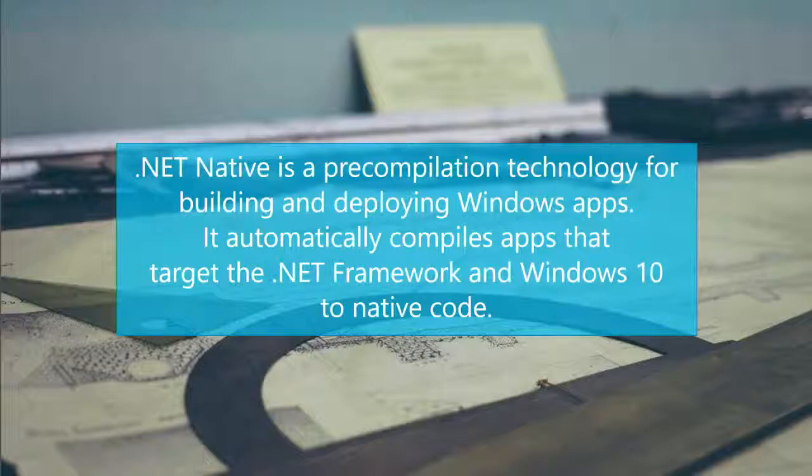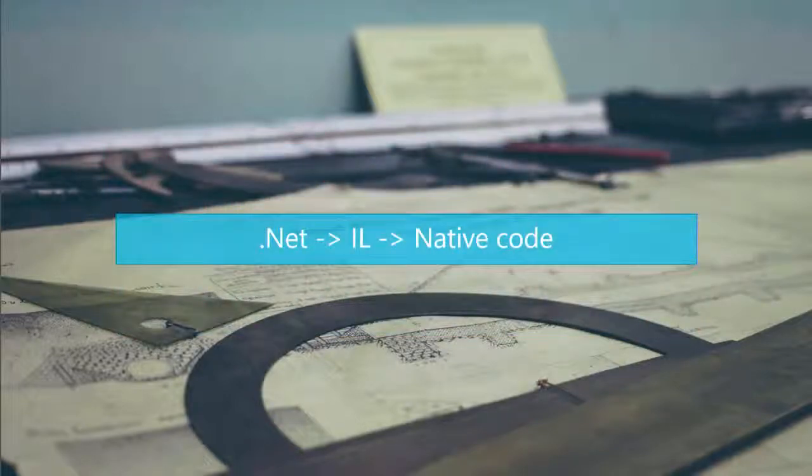You can continue to program in C# or VB. There's no difference whatsoever in how you develop in the language in Visual Studio. And it still has garbage collection and exception handling and all the good stuff that we normally get from managed code as well. So you used to have .NET go into IL, and then that would go into native code.